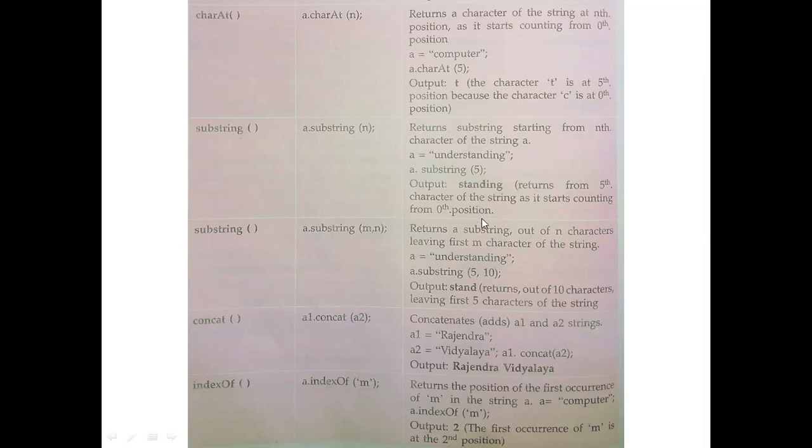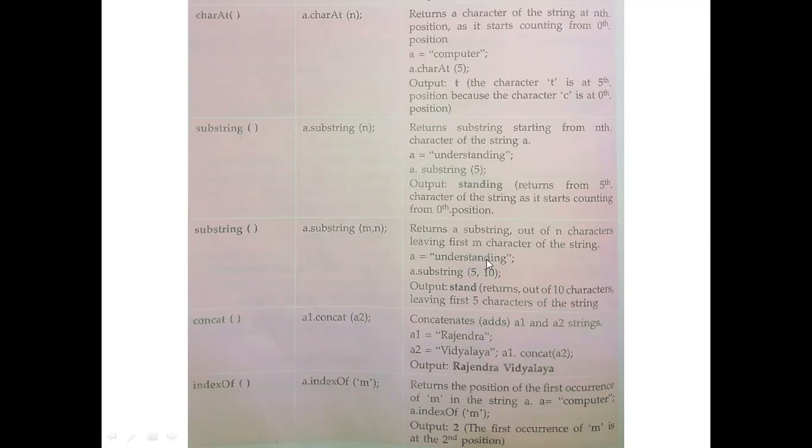A.substring(5,10) means from the fifth position, including the fifth position like last time, but do not include the 10th position. Please understand: include the fifth position, but not the 10th position. So 'y' is the fifth character, then 6, 7, 8, 9.